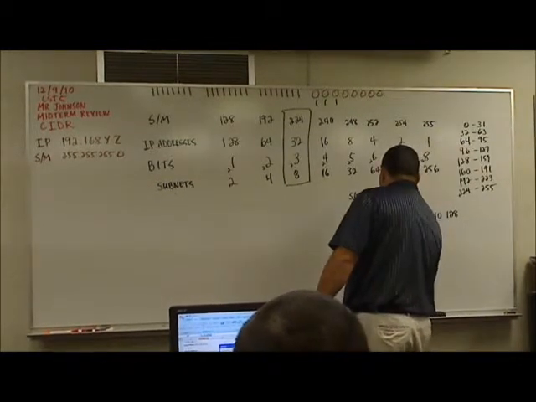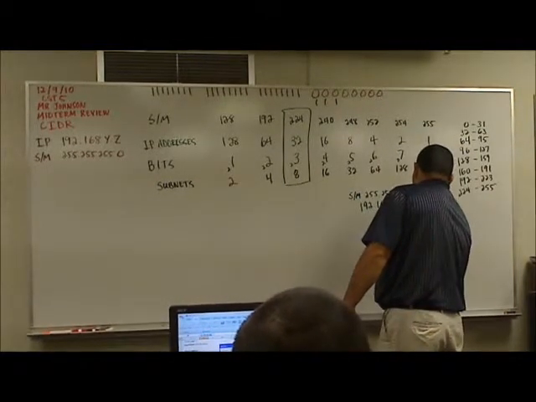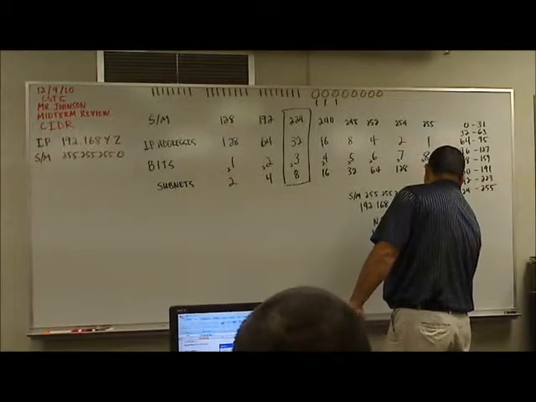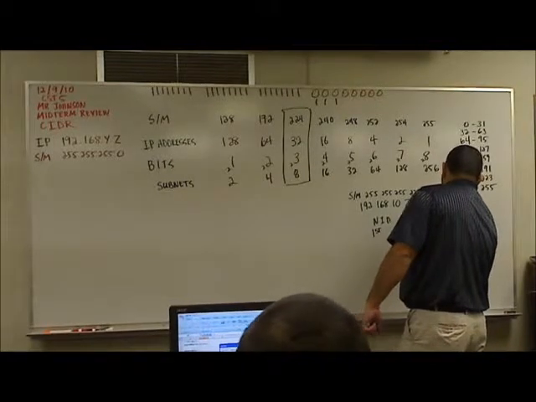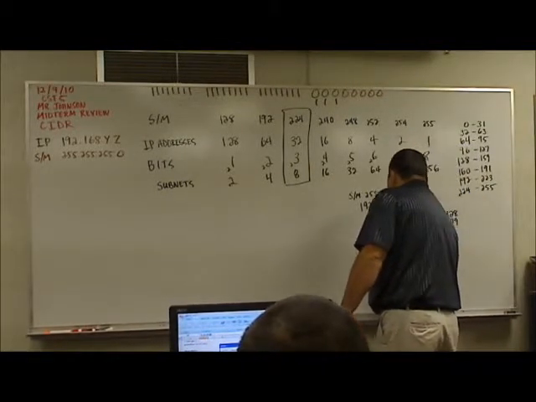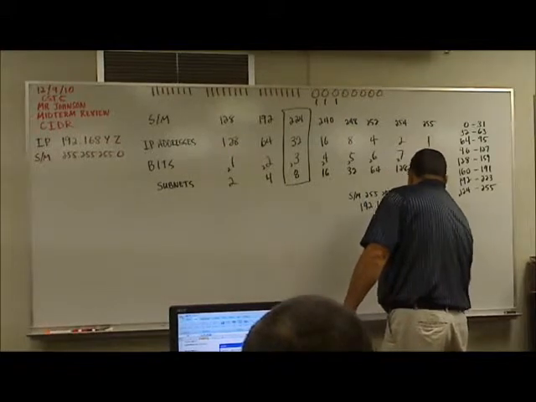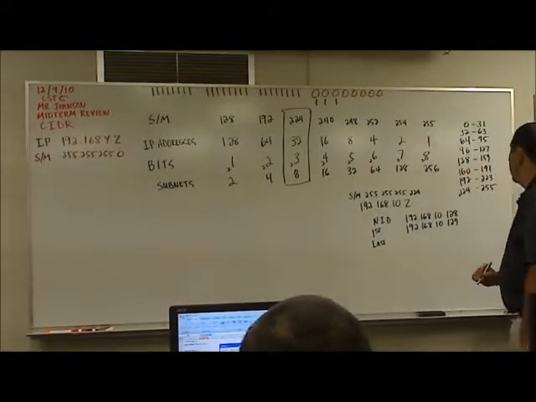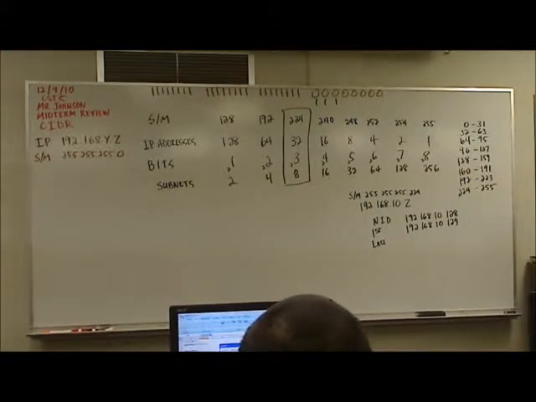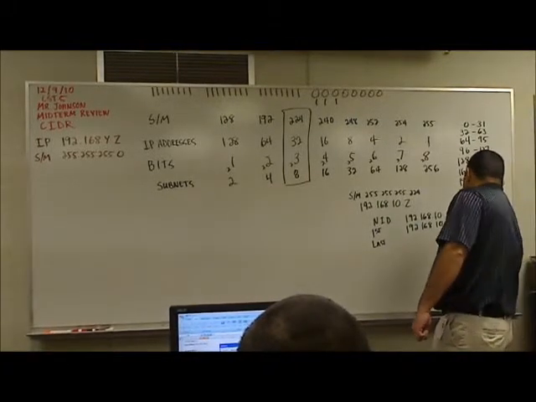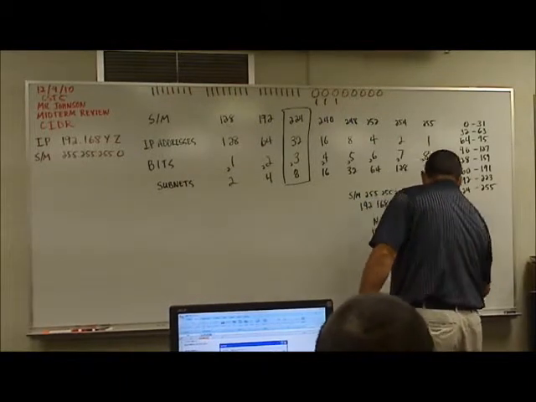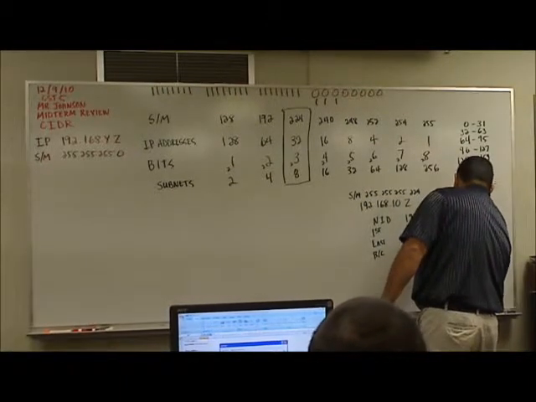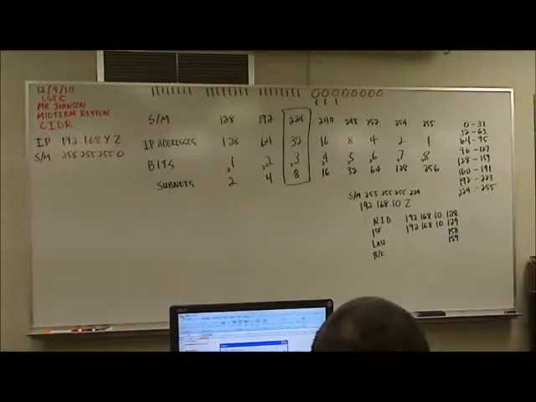So our first address, 192.168.10.129. The last node, 192.168.10.158. Our broadcast, 159. Understand that?